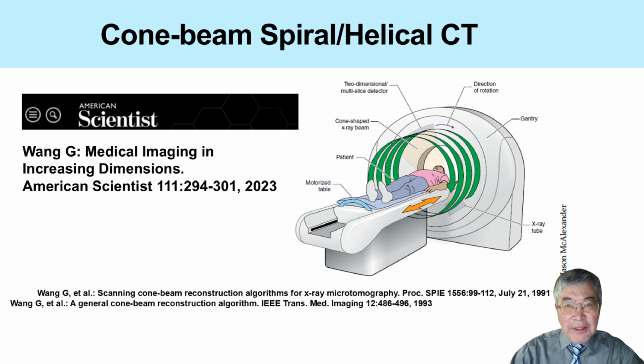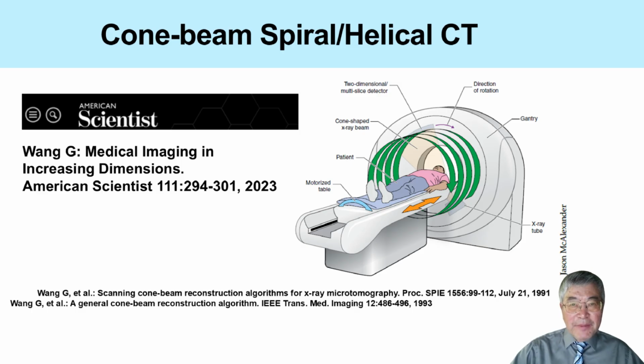In this geometry, a point-like X-ray source and a two-dimensional detector define a cone-shaped X-ray beam. This cone-shaped beam passes through the patient and collects projection data on the detector.